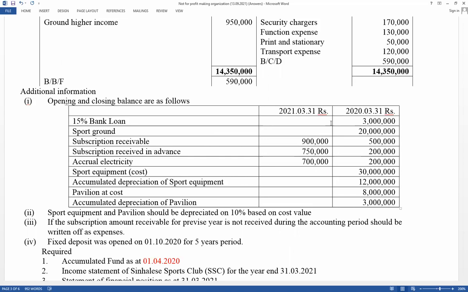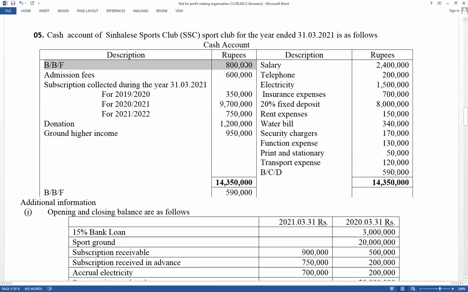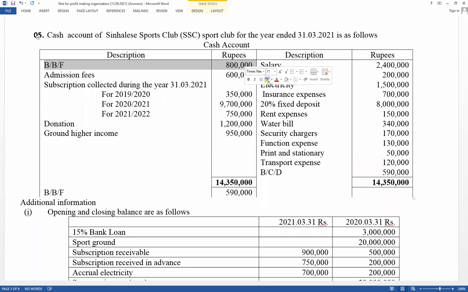Think about opening balances: assets minus liability. It has also given from the beginning the cash account. The cash account also has an opening balance available. Cash is also an asset. All the opening assets and liabilities should be included.